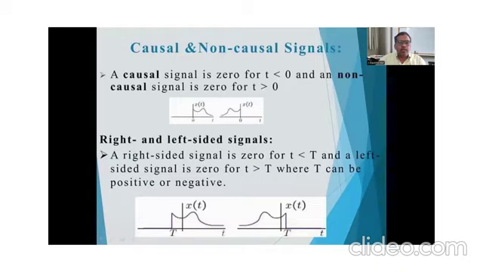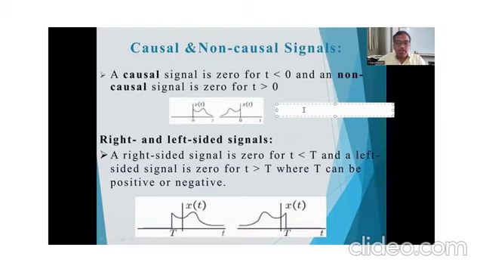Now, another example is causal and non-causal signals. Here, the causal signal can be defined as a signal that is zero for t less than 0, and a non-causal signal is a signal that is 0 for t greater than 0.